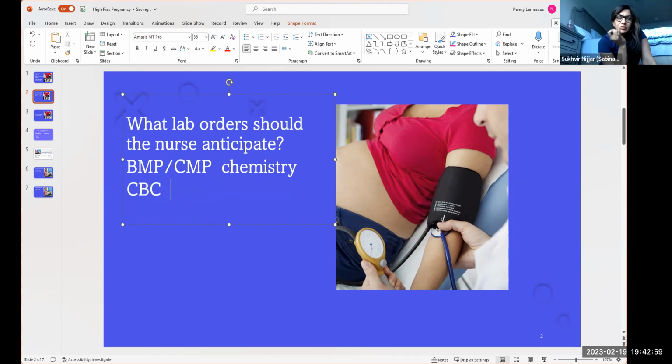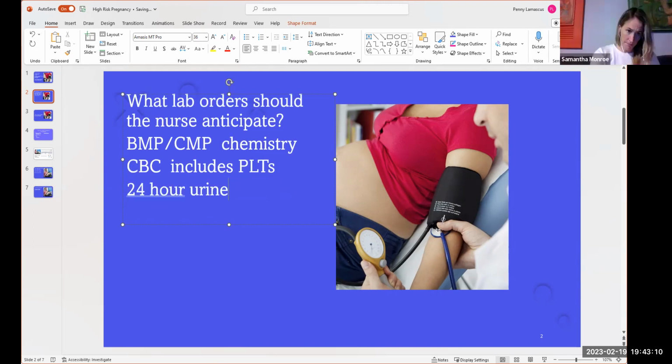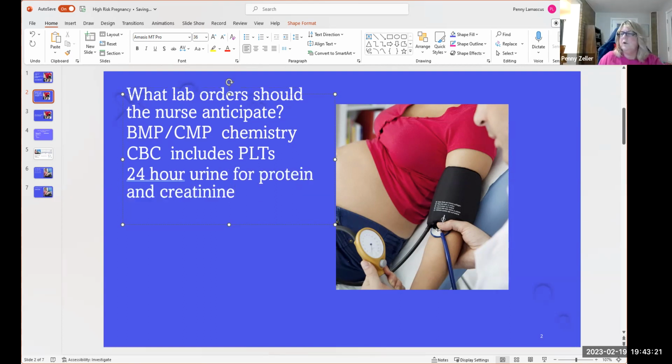Okay, then we can do a urinalysis, a 24-hour urine. For protein and creatinine. You can also dip your urine, get the strips out and dip it in her urine to assess a lot of things: white blood cells, glucose, protein.